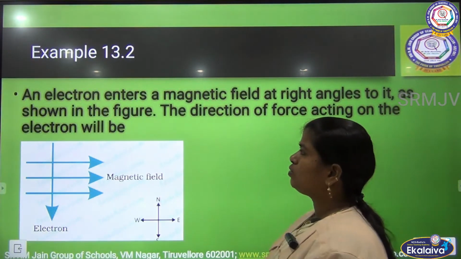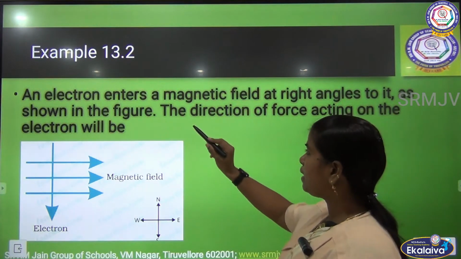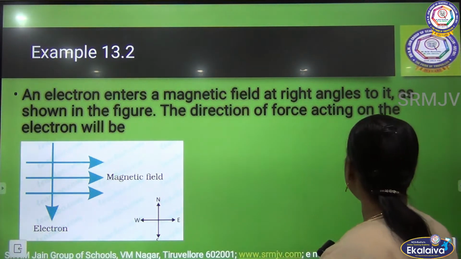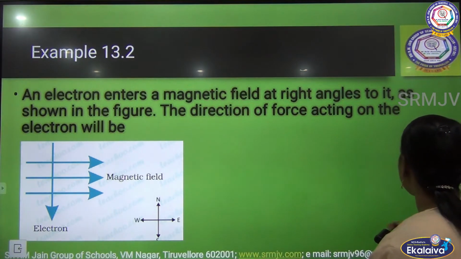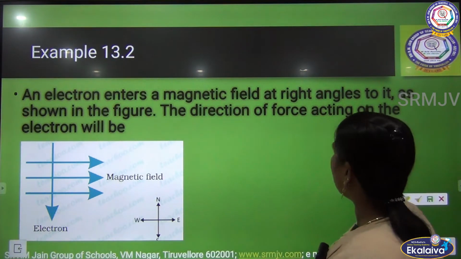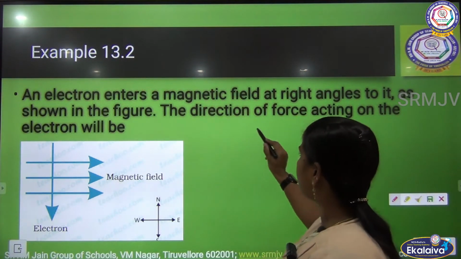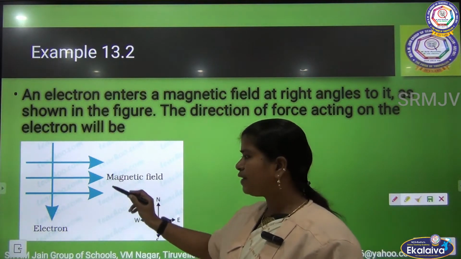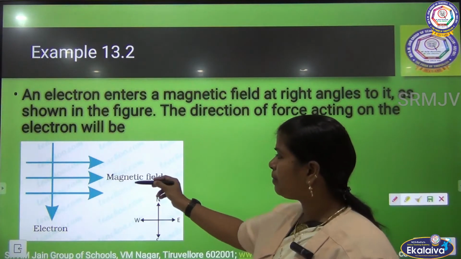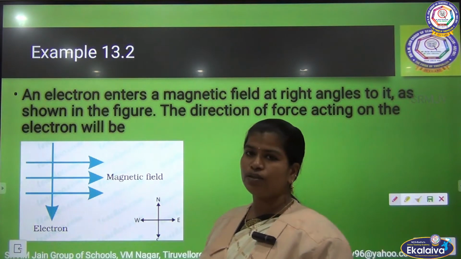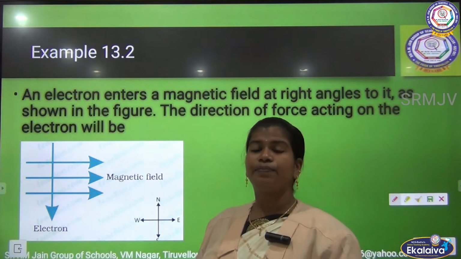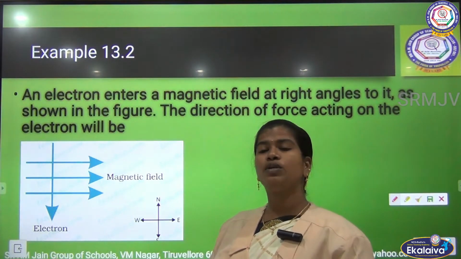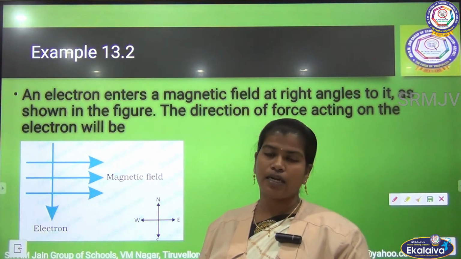An electron, so look at this question properly. An electron enters a magnetic field at a right angle to it as shown in the figure. The direction of the force acting on the electron will be, so here they have given the magnetic field. In our previous lesson we have learned about conventional current as well as electronic current.